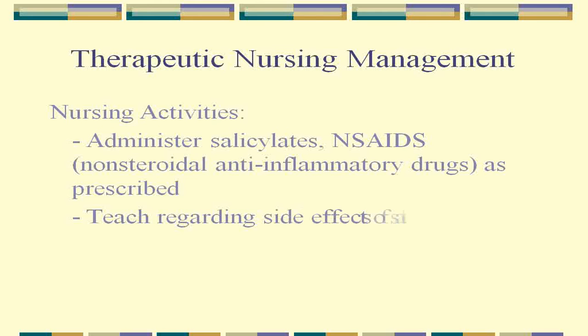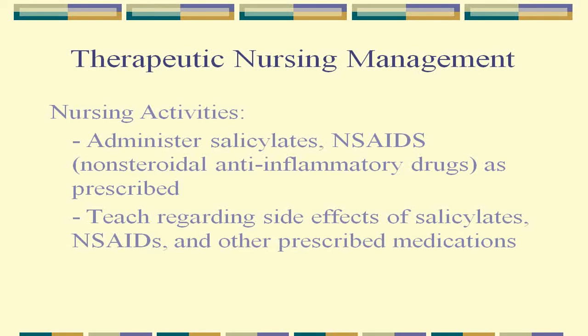So for our nursing activities, again, we're going to administer salicylates or non-steroidal anti-inflammatory drugs as prescribed. We want to teach regarding the side effects of salicylates and non-steroidal anti-inflammatory drugs. There's risk of GI bleeding associated with these types of drugs.